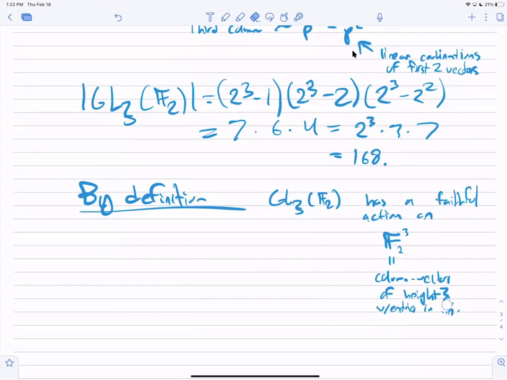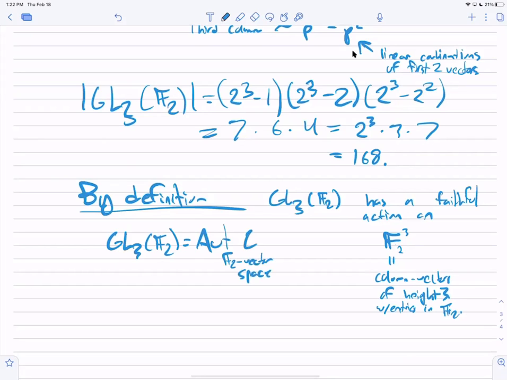It depends on how you define GL3, whether this is really by definition or not, but probably the best way to define GL3 of F2 is as the automorphisms over F2 of an F2 vector space of height 3 column vectors.